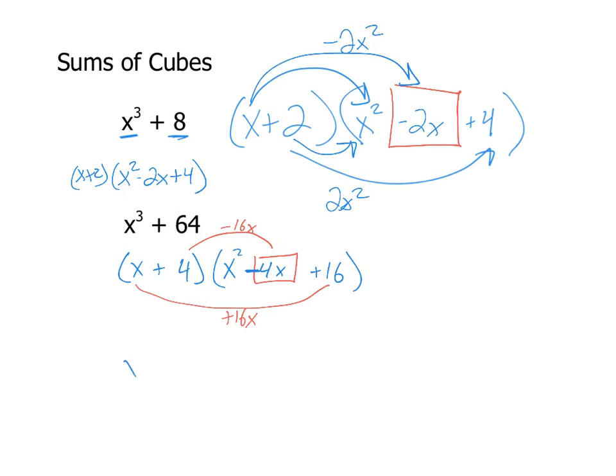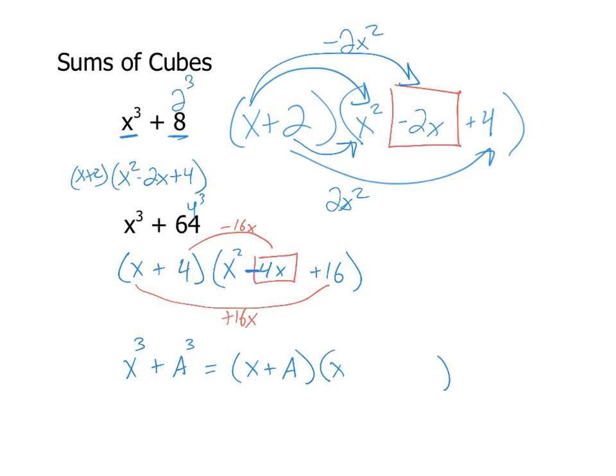So that might motivate you to think of this a little bit. I'm thinking if I'm going to factor a sum of cubes, and it's like x cubed plus some number a that I cube. So again, I recognize that 8 was a perfect cube, so 8 is like 2 cubed. 64 is a perfect cube, so that's going to be like 4 cubed. I can rewrite this then as x plus the a value, and then I'm going to multiply that.